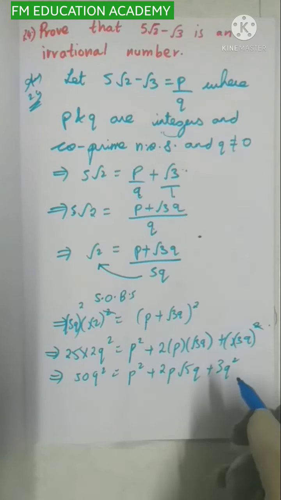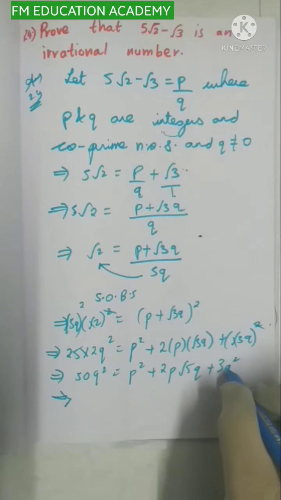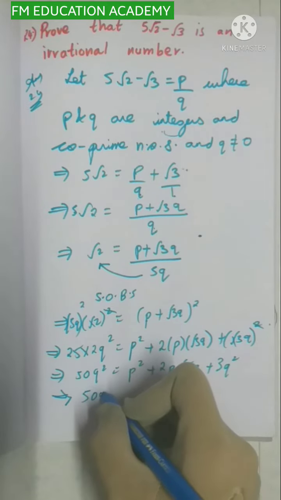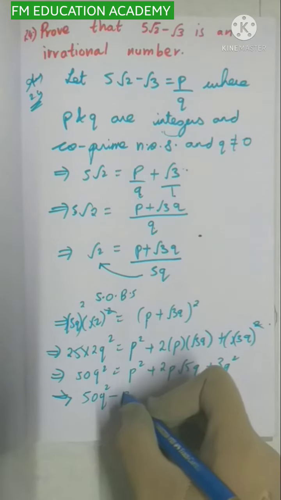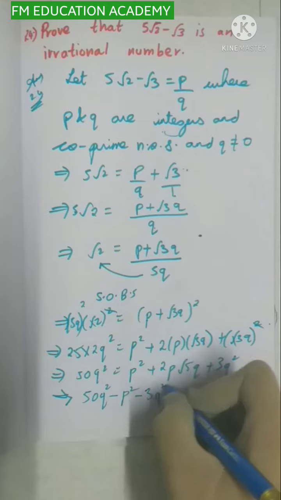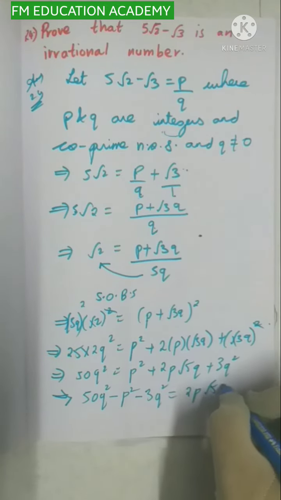Okay, now what can we do? Send the 3q square term and the p square term to that side. So it becomes 50q square minus p square. Send this plus 3q square also that side, it becomes minus 3q square is equal to 2p root 3q.